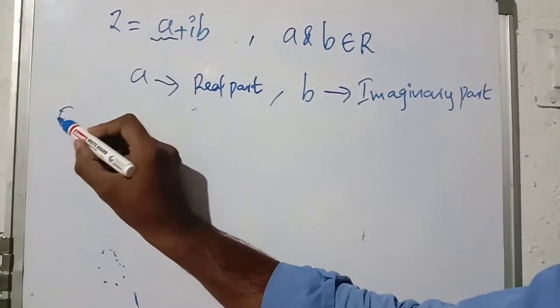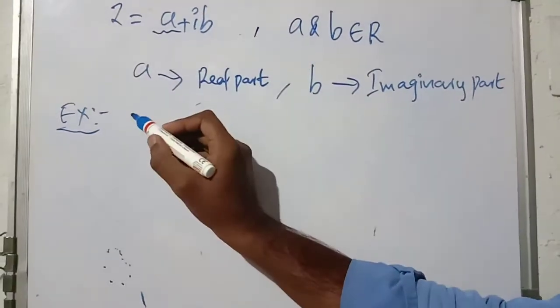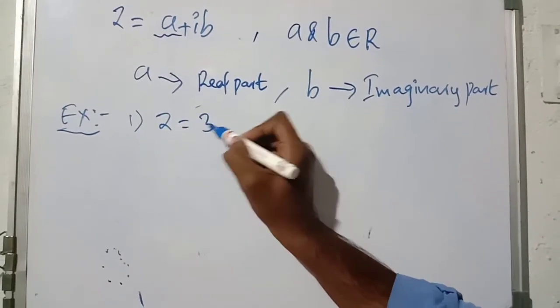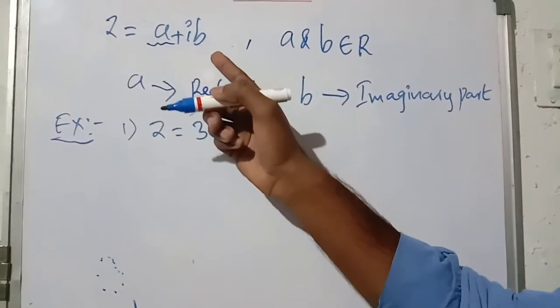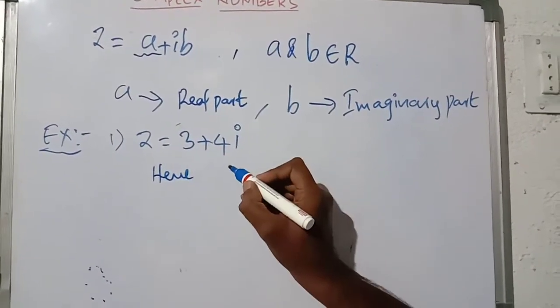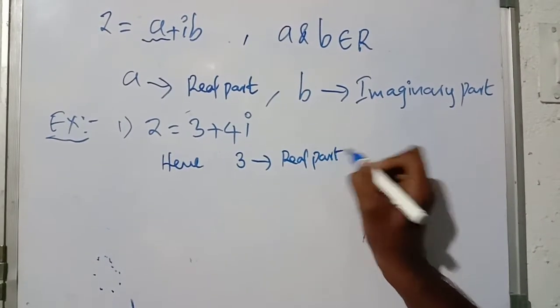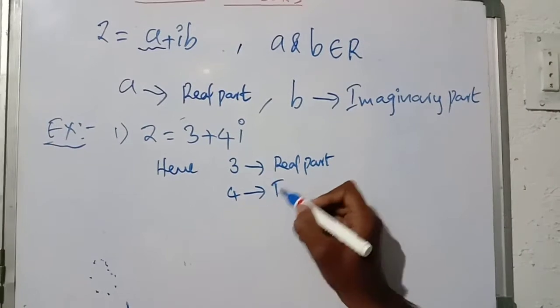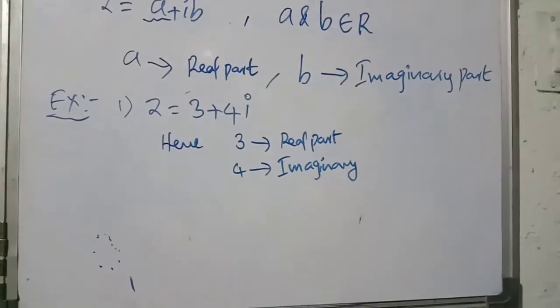Now some examples of complex numbers. First example, z equals 3 plus 4i. It is in the form of a plus ib, and here 3 is the real part and 4 is the imaginary part.